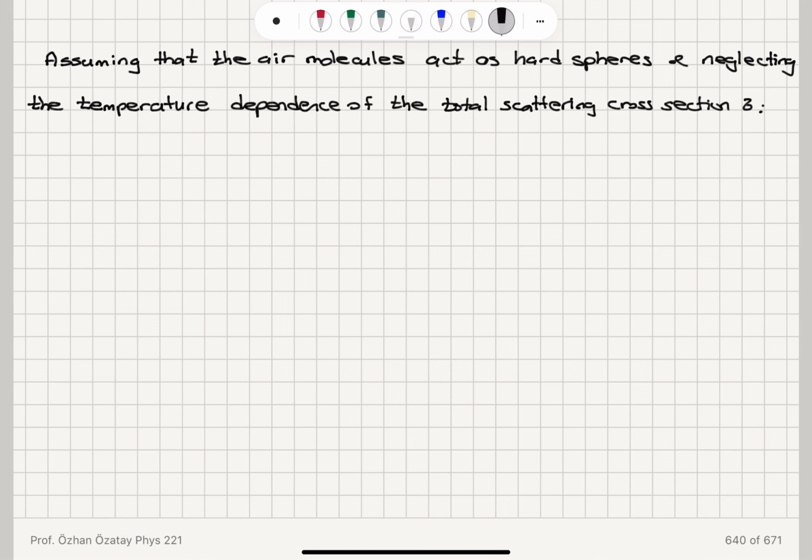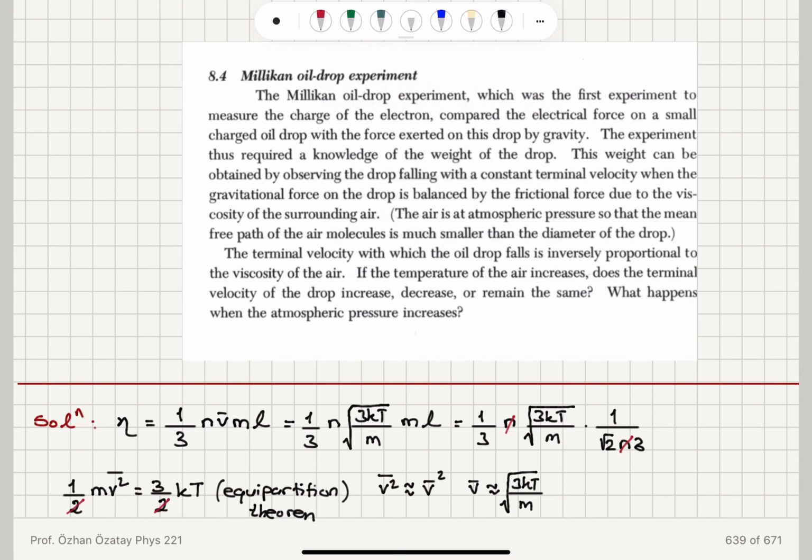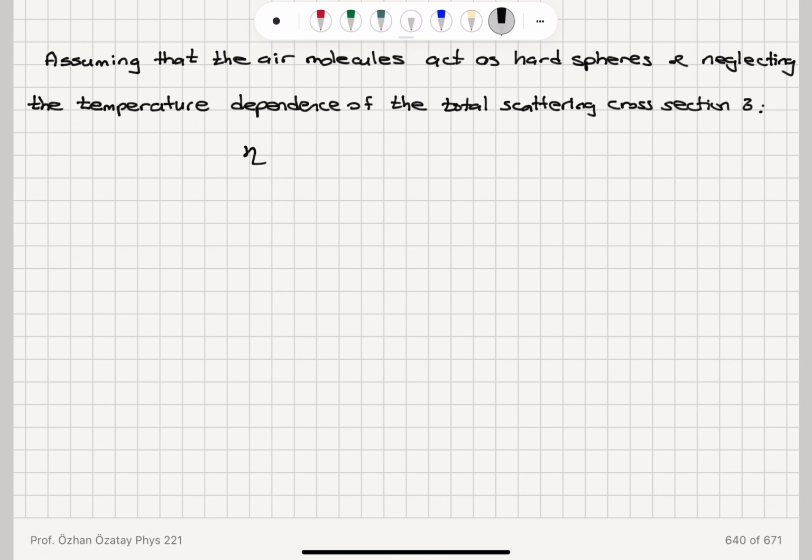We will see that the viscosity of the air, due to this square root 3 kT over m term here, has a dependence on temperature as T to the power 1/2.